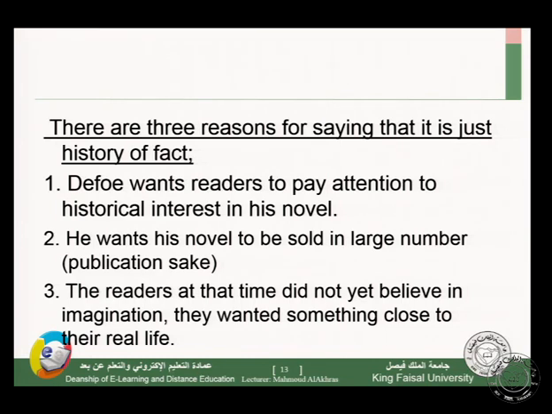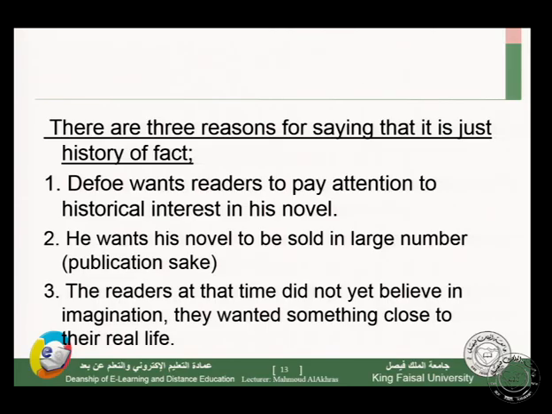Another reason, he wants his novel to be sold in large number, so he says that for publication sake, in order to publish his novel widely.